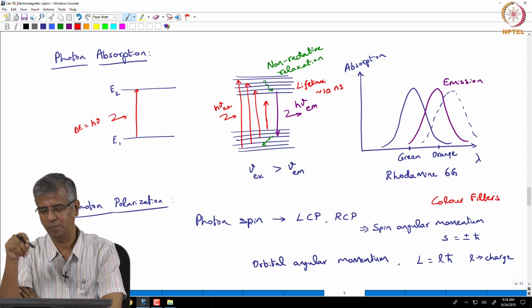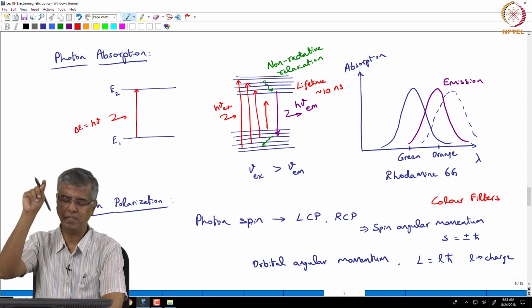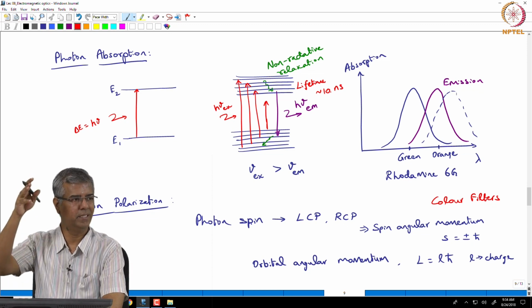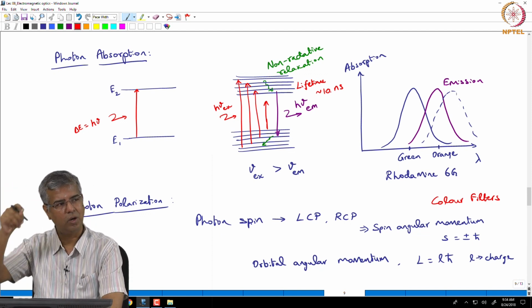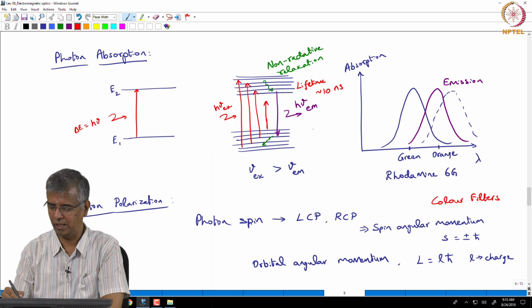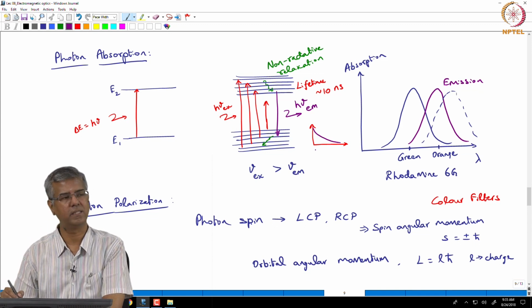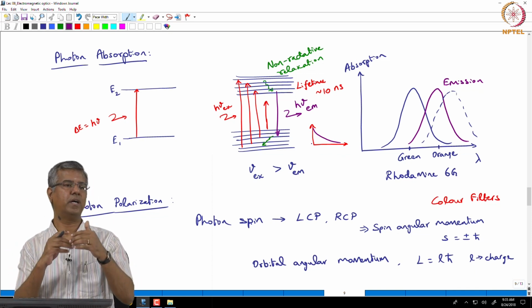In fact, this lifetime is defined as follows. If you send a pulse of light for the excitation, you will have an emission corresponding to that which will be high initially, because a large number of electrons are at the higher energy level, and then some of those electrons start to emit. If you look at the fluorescence as a function of time, you will see that it comes down in an exponential manner, because there is a finite reservoir built in.